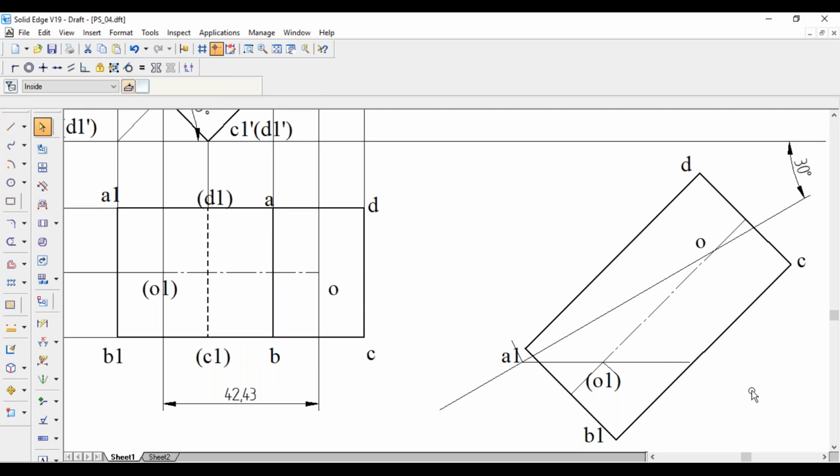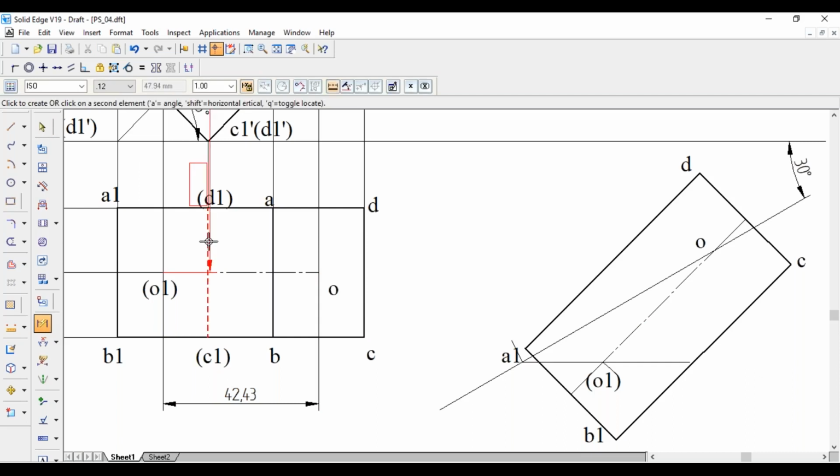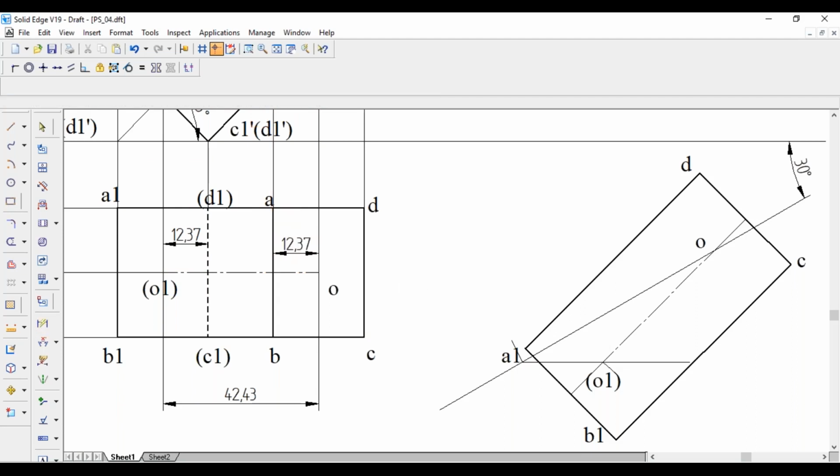To get this one, from O1 to this line, the dimension is 12.37. Similarly from O to this line, it is 12.37 only. So O as center, 12.37 mm as radius, cut an arc.